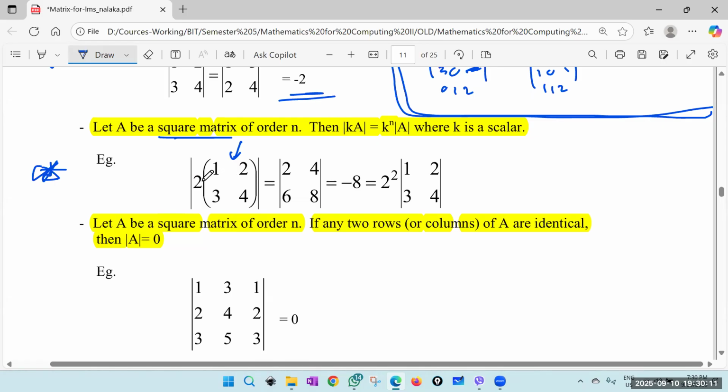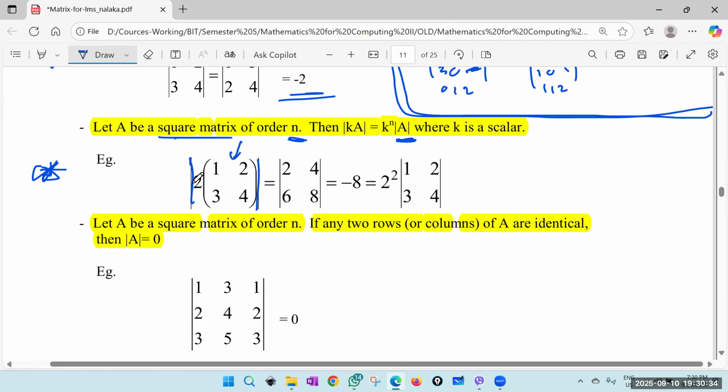That is 2 into 1 is 2, 2 into 2 is 4, 2 into 3 is 6, 2 into 4 is 8. In this case, we take K as 2. And if you want to find the determinant of this one, it's the same as you find the determinant of the original and multiply by K to the power n. n is your order.